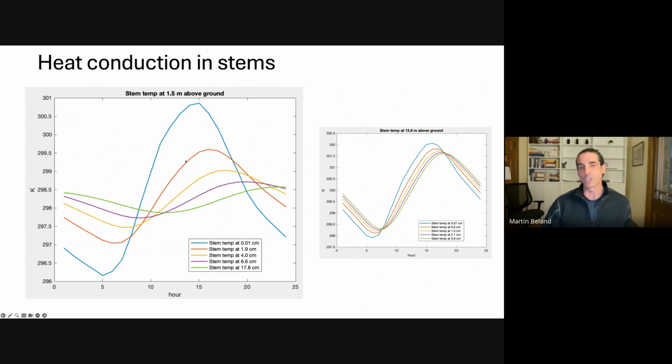There is also a shift in the maximum temperature reached. This is just telling us that the heat takes a longer time to reach the center of the stem. Here it's a stem that's about 18 centimeters in radius. The green line here is the temperature close to the center of the stem. So it takes more time for that heat to diffuse into the stem and then diffuse out at night.